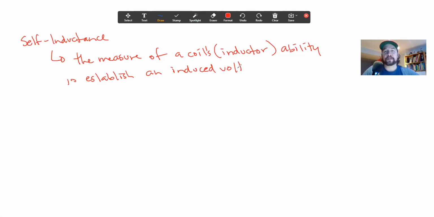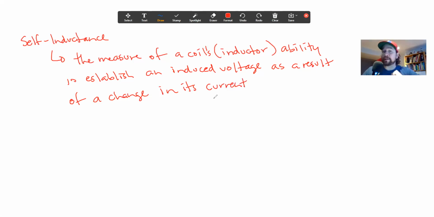Sometimes an inductor is referred to as a coil. So basically, across its terminals, across the inductor, we can produce a voltage as a result of a change in its current.